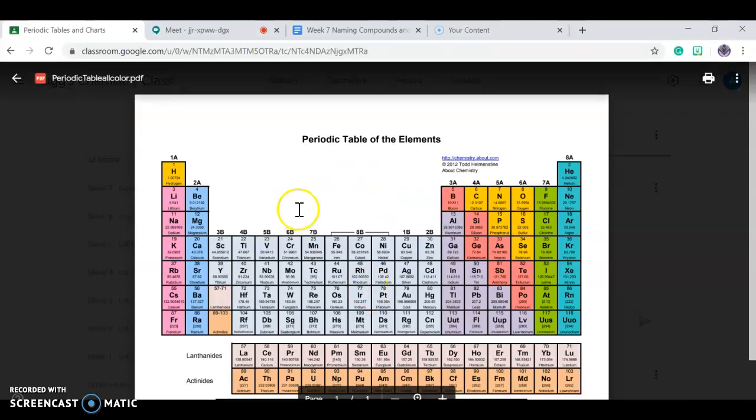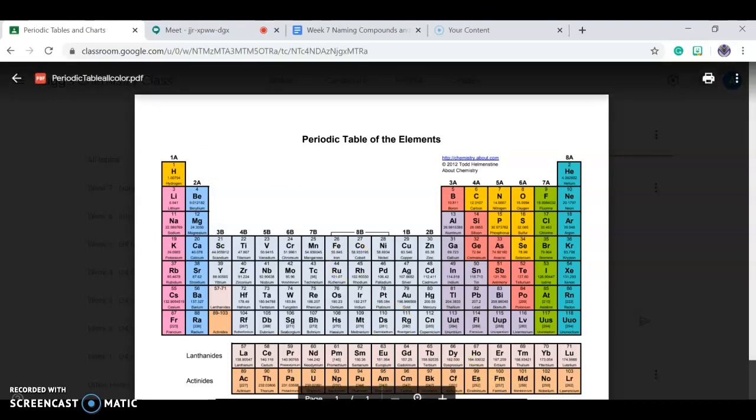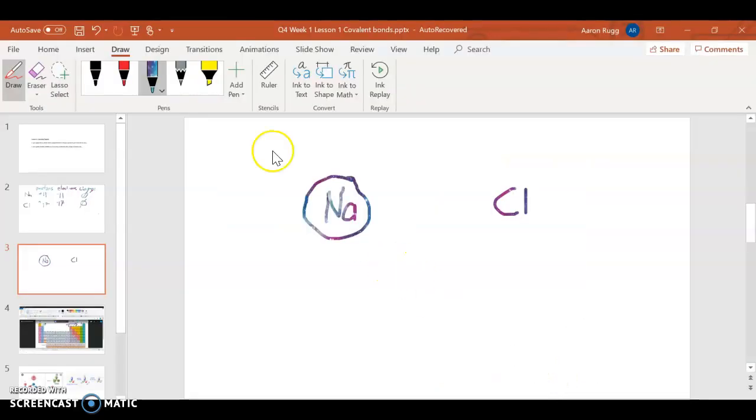The number of energy levels an atom has corresponds to the row on the periodic table. Hydrogen, for example, has 1 proton, 1 electron, and 1 energy level. The first energy level holds 2 electrons.